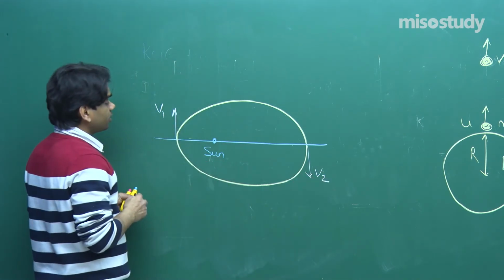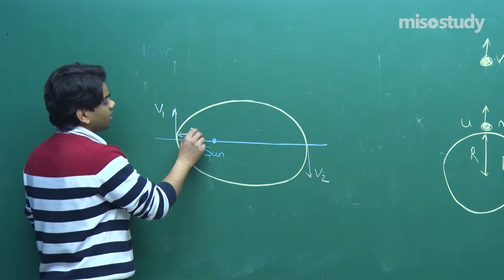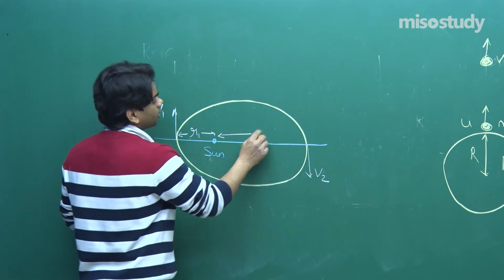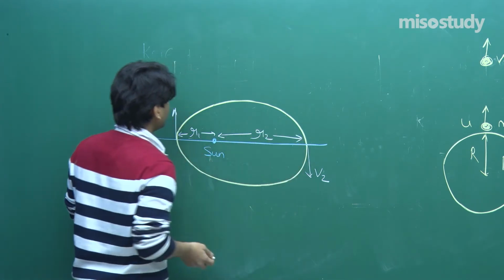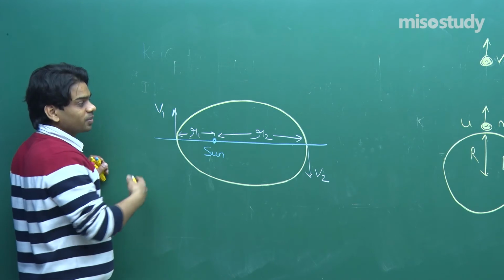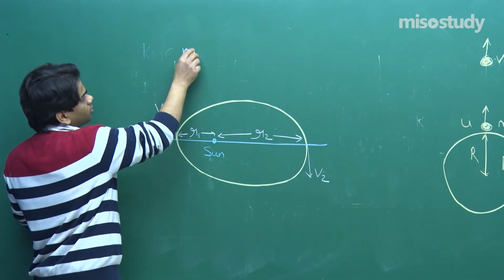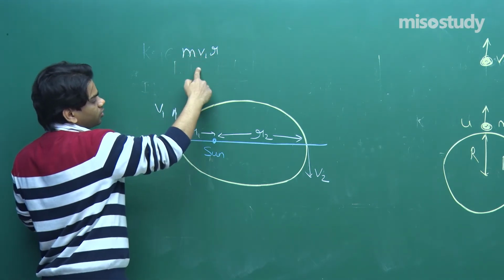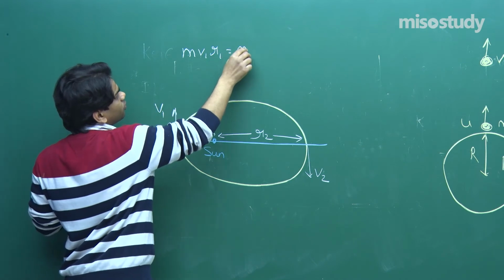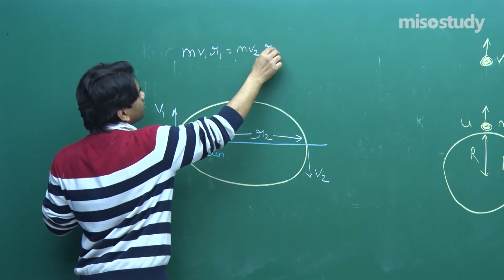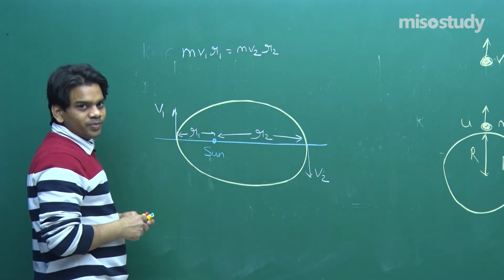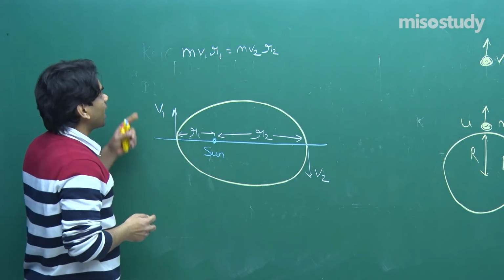Already we have learned certain terms. If this is r1, this is r2. I have told you the angular momentum remains conserved at these two positions. So m into v1 into r1 is equal to m into v2 into r2. This is what we have learned from the law of conservation of angular momentum.